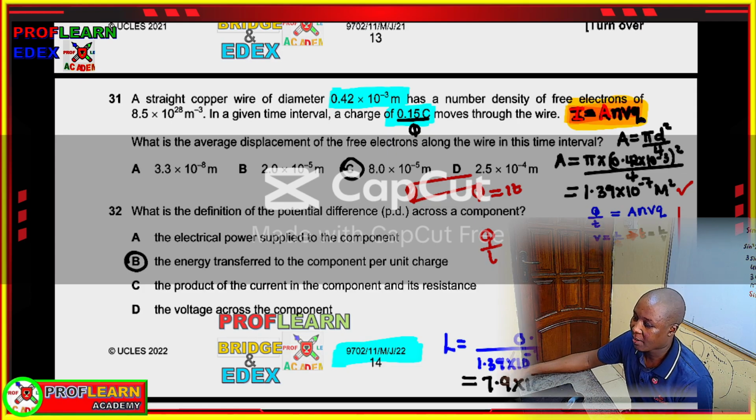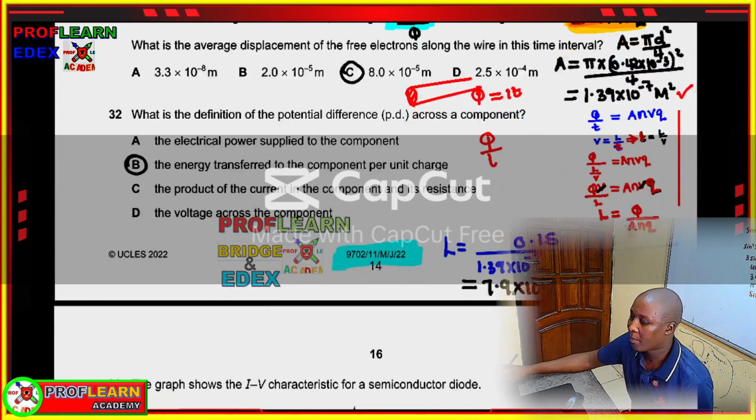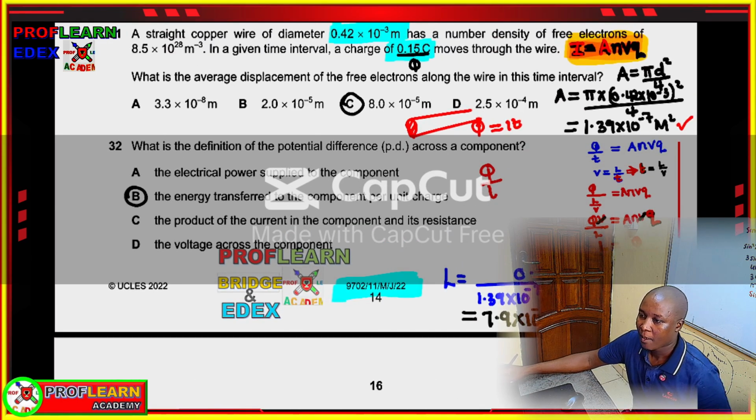So from this point, if you want to get rid of this V, you multiply both numerator and denominator, so we shall have QV over L. QV over L is equal to ANVQ, and V will cancel out. We are going to remain with L is equal to charge over cross-sectional area times NQ. Then we can apply the formula by substituting: charge was what? 0.15.